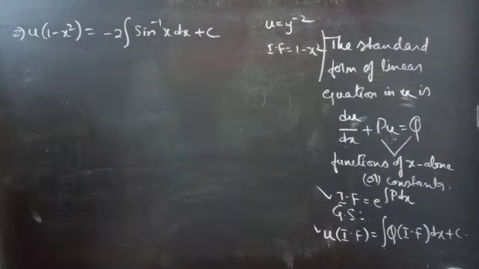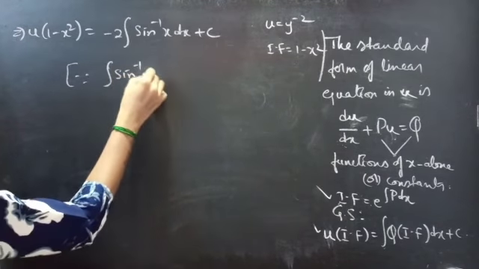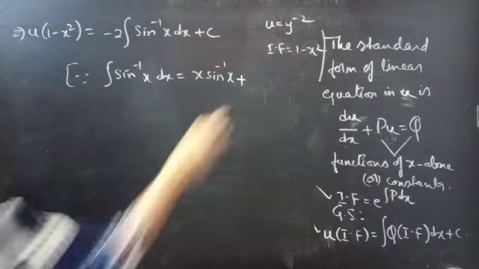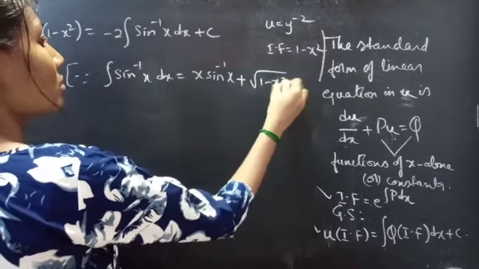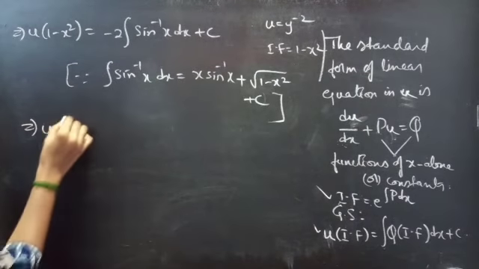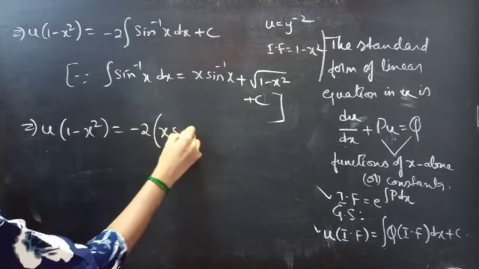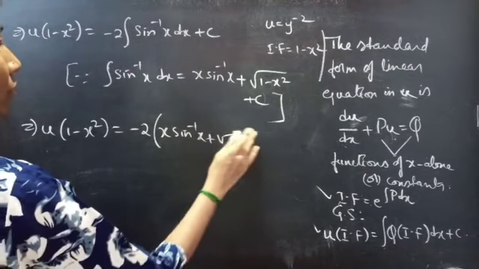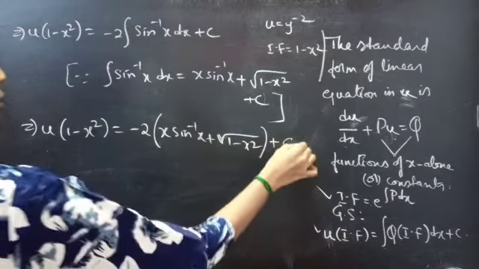Since we know that integral sine inverse x dx equals x sine inverse x plus square root of 1 minus x square plus integral constant c, this becomes u into 1 minus x square equals minus 2 into x sine inverse x plus square root of 1 minus x square plus integral constant c.